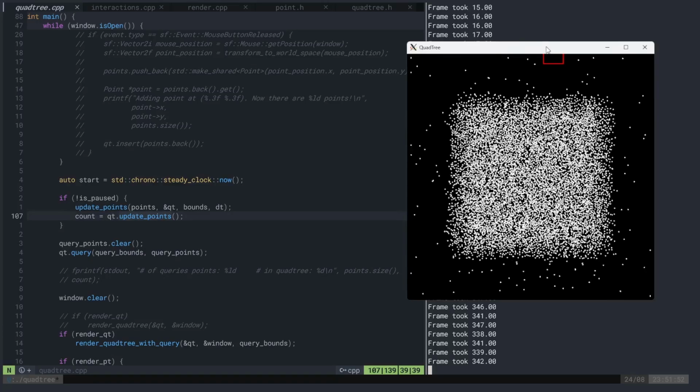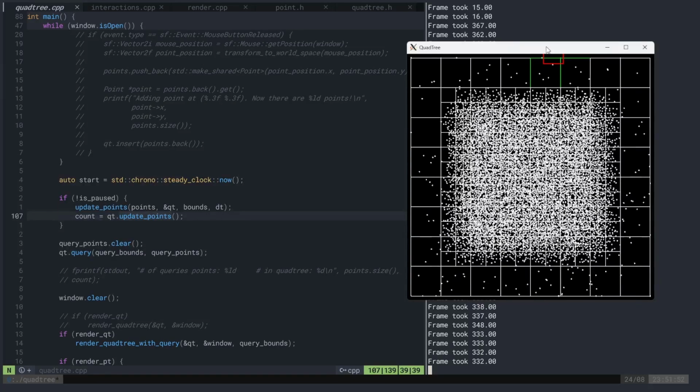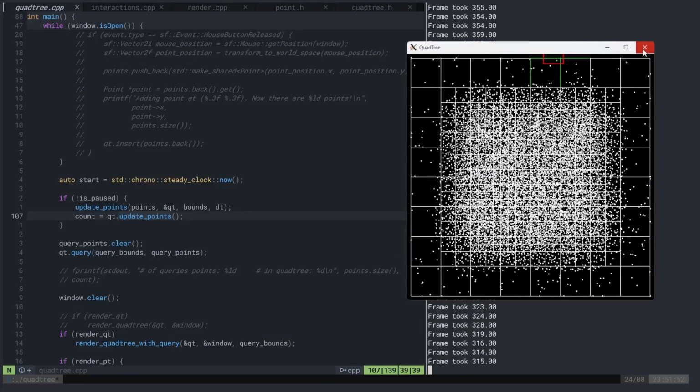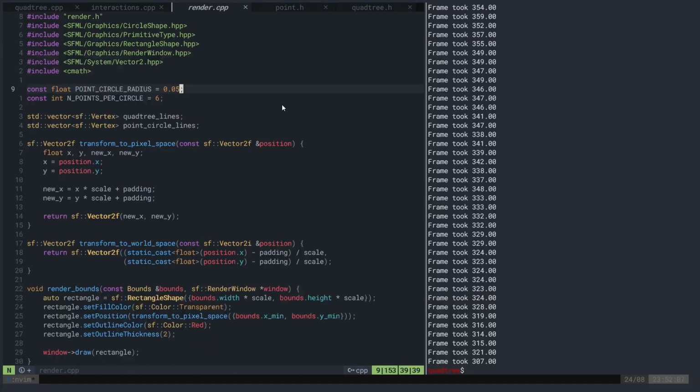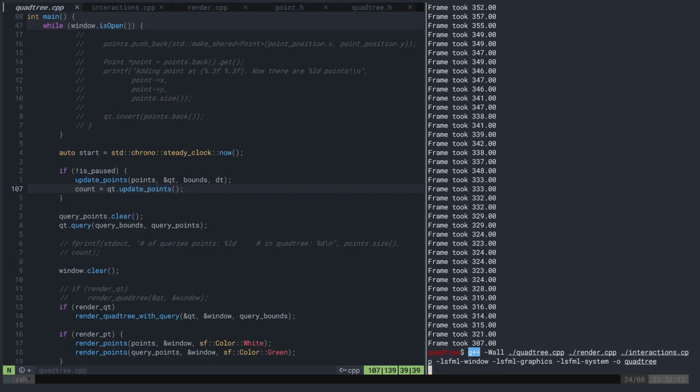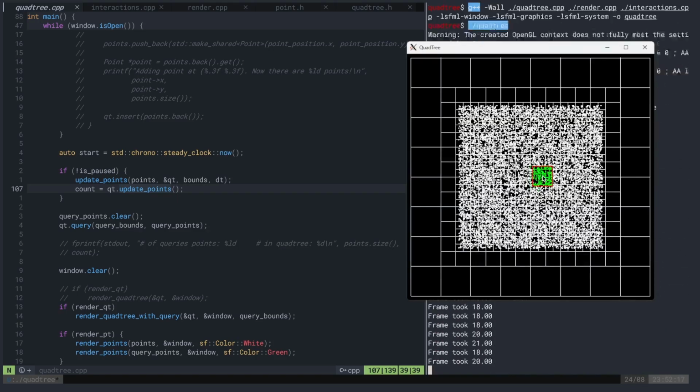Right? And if you look at our QuadTree structure, it's pretty well subdivided. Now, what I'm going to do is actually decrease the capacity of the QuadTree, so we get finer subdivisions within our QuadTree. So let me render this again, and we'll see how the frame rate changes.